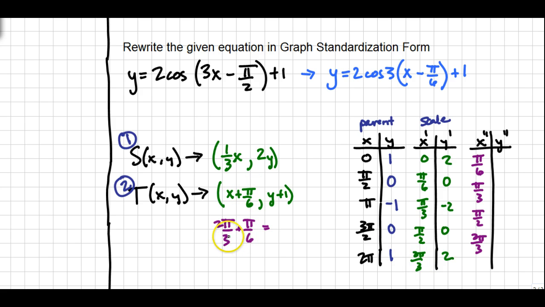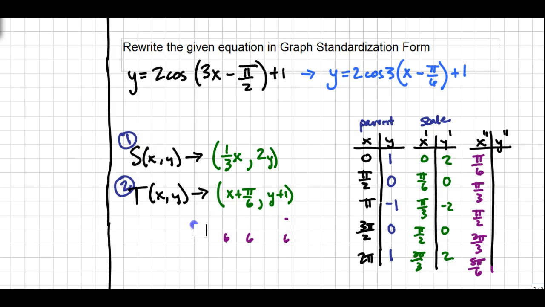Again, I'm going to double the top and the bottom. So I end up with 4 pi over 6, plus another pi is going to be 5 pi over 6. And so students, you don't need to worry about where those are going to be on the unit circle. We're just going to use those as our label.